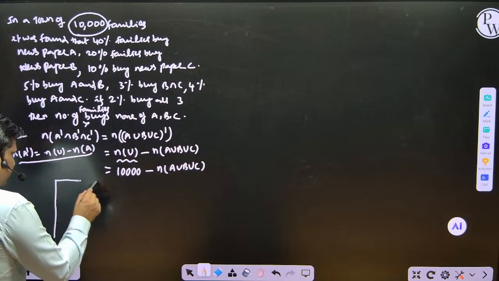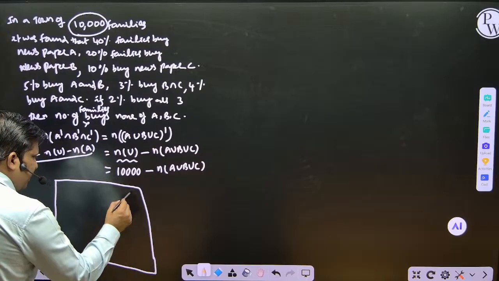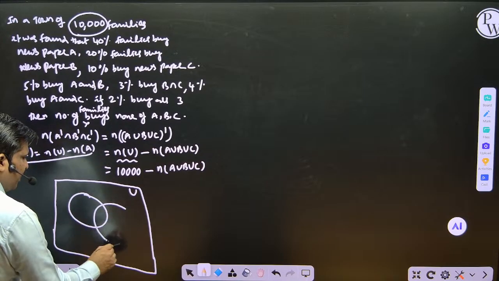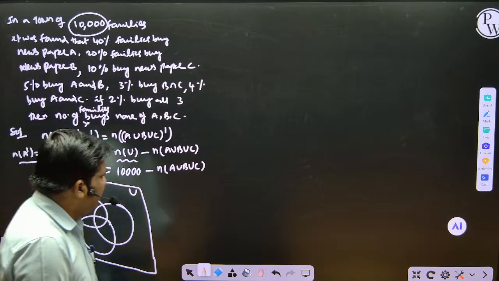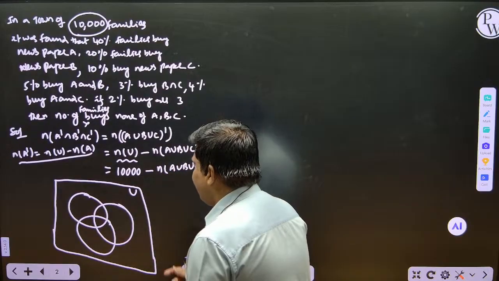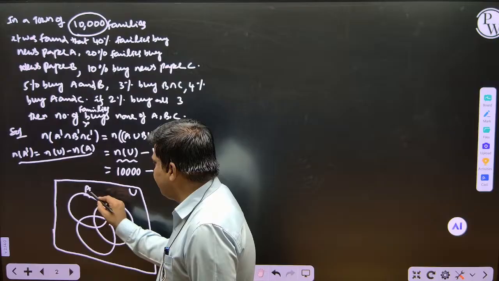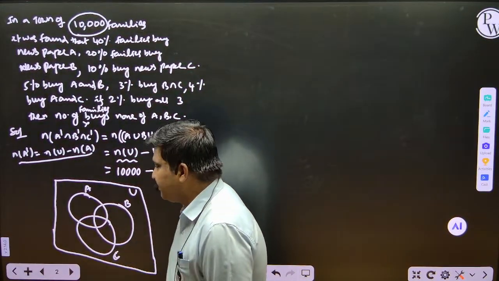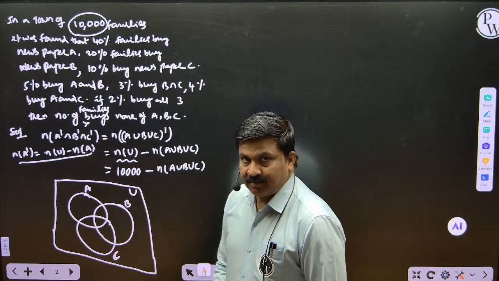For that I'll make use of a Venn diagram. I already did it with the formula, now I am doing it with the Venn diagram. This is the universal set, and these are the sets buying newspaper A, newspaper B, newspaper C. But how are we going to fill this data in the Venn diagram?